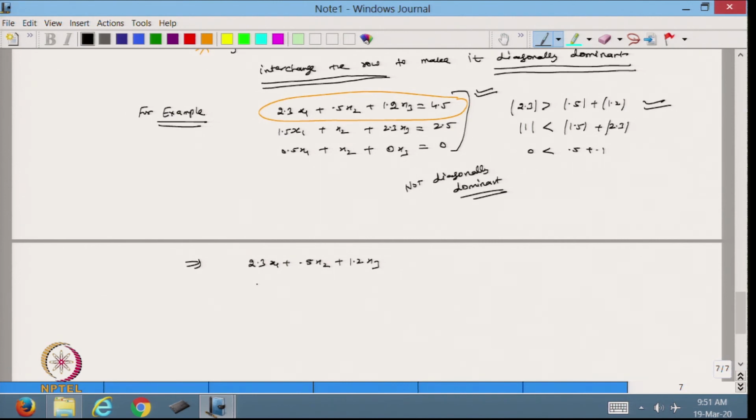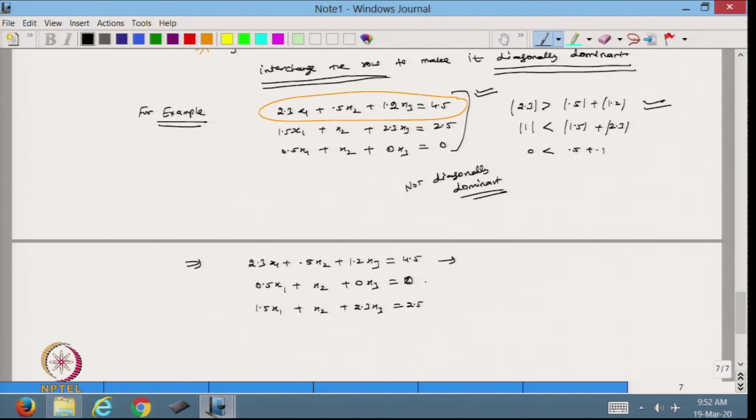So I will take 0.5 x1 plus x2 and then 0 x3, so this is equal to 0, and the next is 1.5 x1 plus x2 plus 2.3 x3 is equal to 2.5. So in this case what is happening?